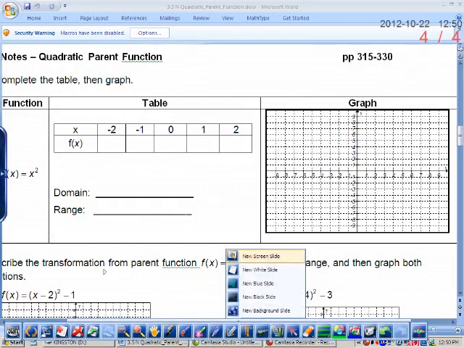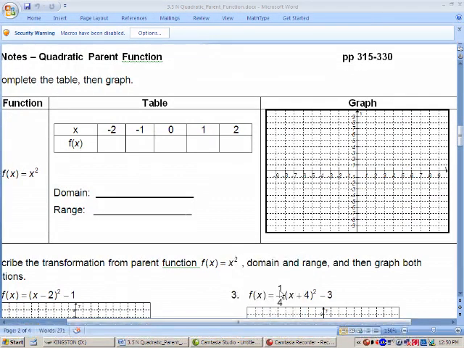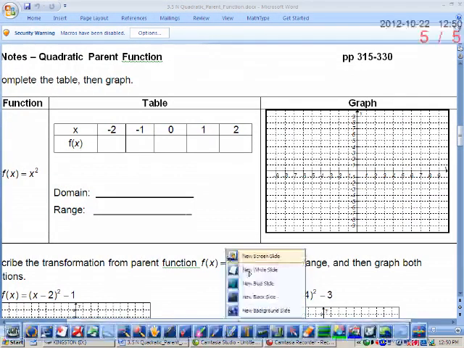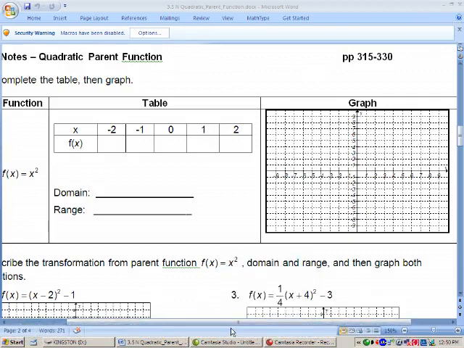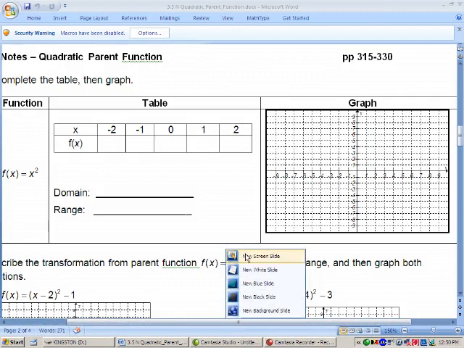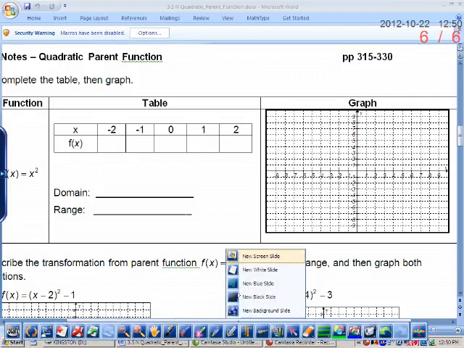So the reason we did this, the reason we started with factoring for this unit, is because we're going into quadratics, okay? And factoring is going to be a way that we're going to have to solve quadratics. So let's review the quadratic parent function.